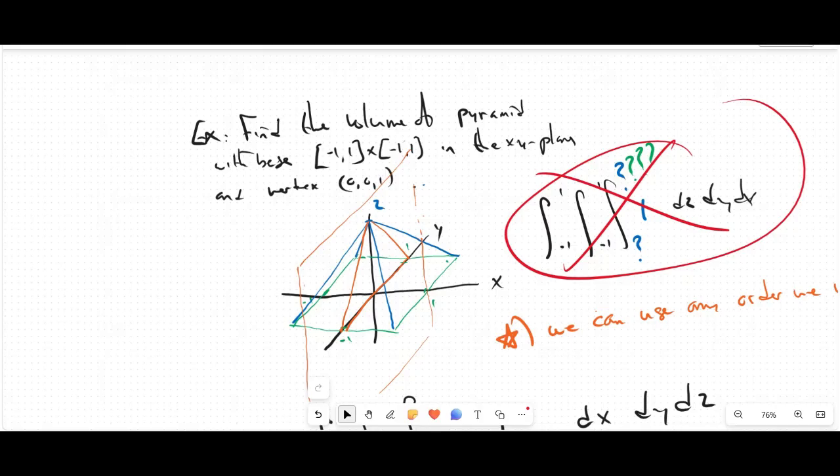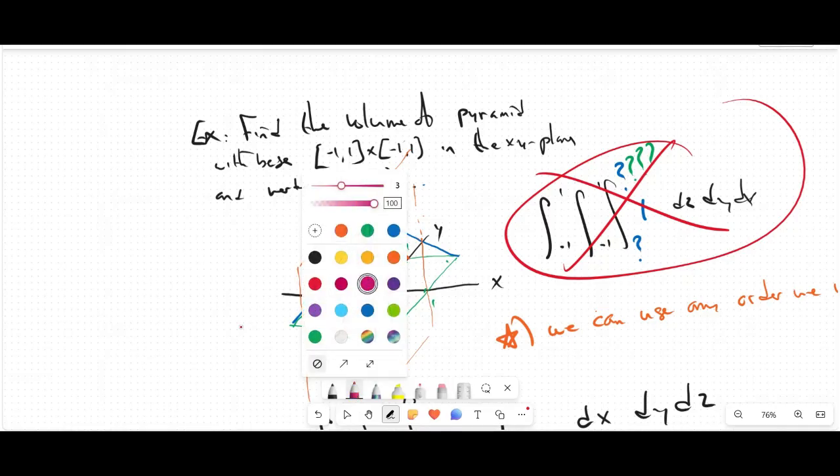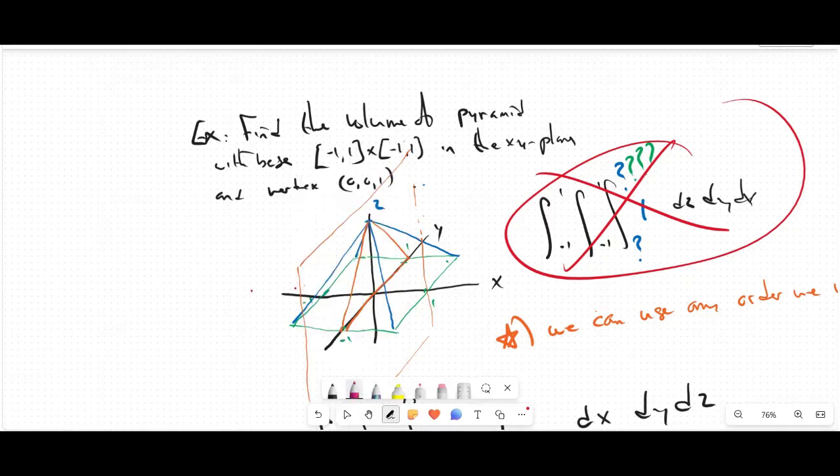X is a function of y and z. Where are the negative values for x? Negative x values are over here. Positive x values are over here. So what is the lowest x values? Where is the surface where x is the lowest? It's back here. Oh, come on. It's this face of the pyramid.